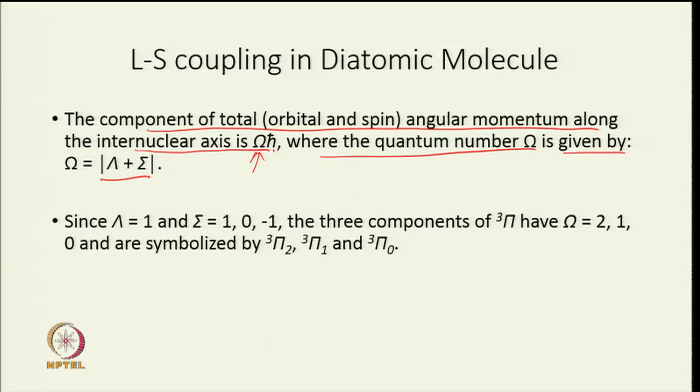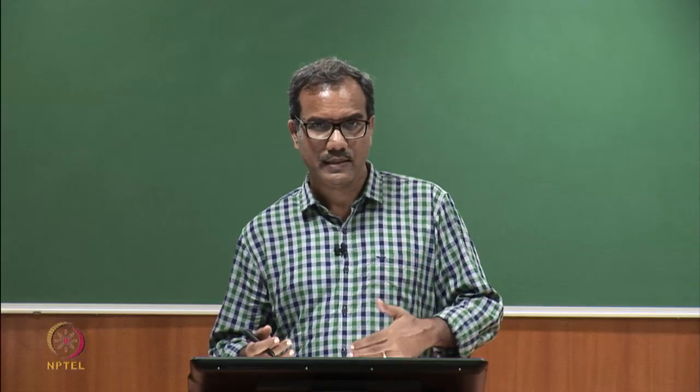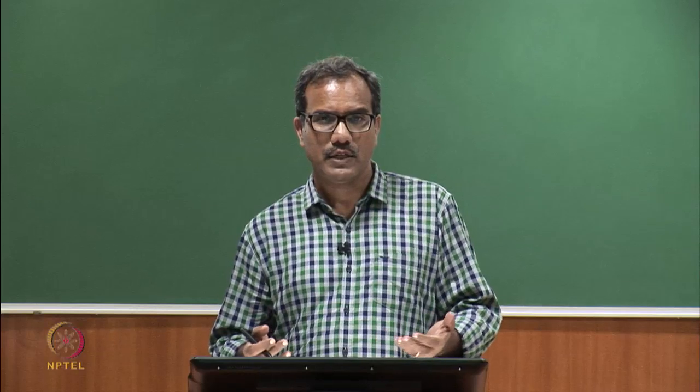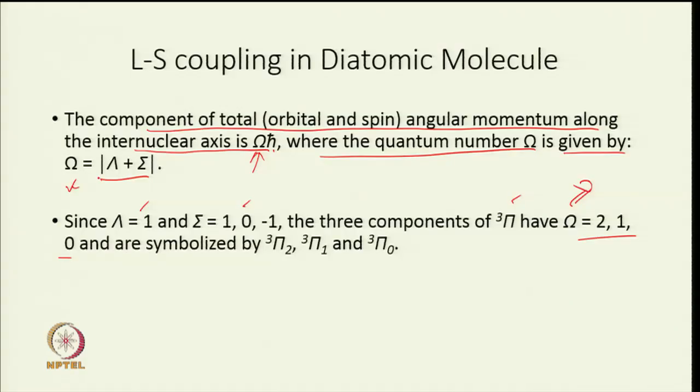So, if lambda is 1 and sigma is 1, 0, minus 1, then 3 pi is going to have 3 different components. This is equivalent to j, and that comes because of your LS kind of coupling. So, here basically the component of L along the internuclear axis combines with the component of spin along the internuclear axis to give you this.